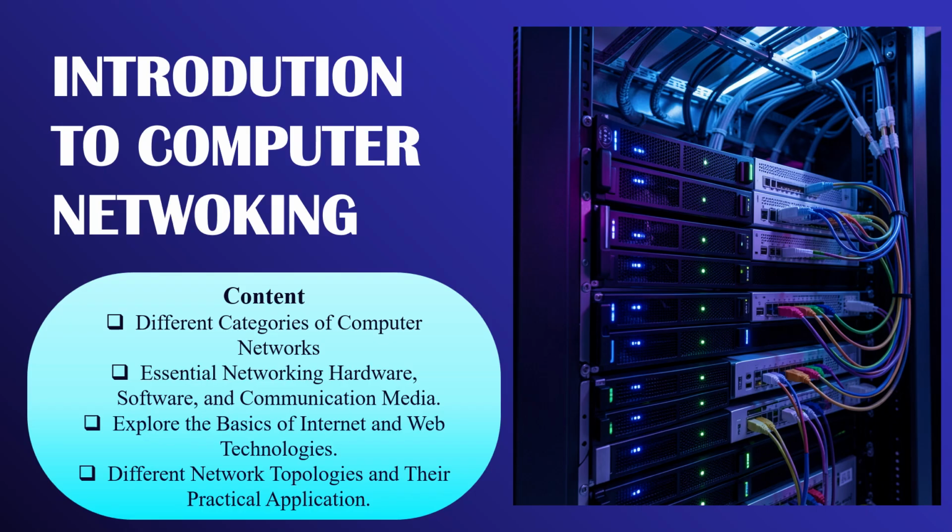Third, we will explore the basics of internet and web technologies, which power the websites we use every day. And finally, we will look at different network topologies, meaning the different ways devices can be physically or logically arranged within a network. So let's begin by looking at how networks are categorized.